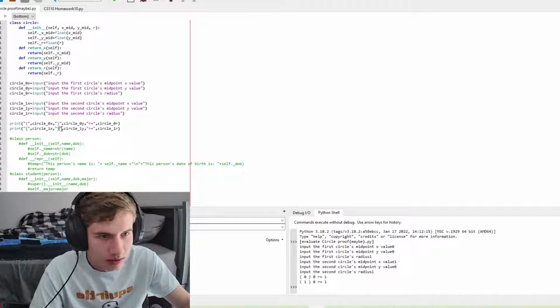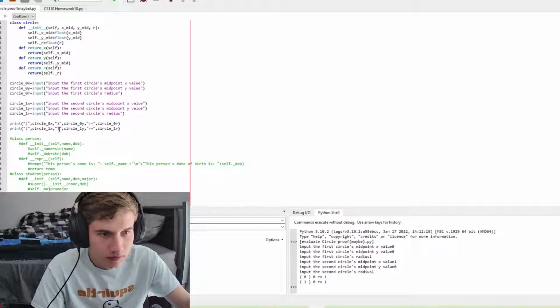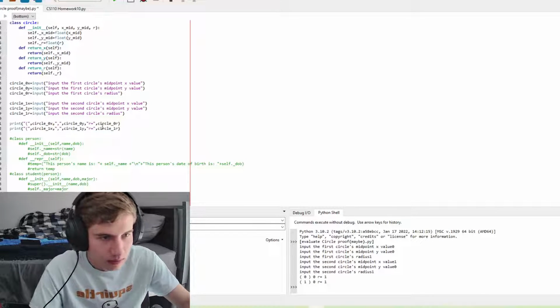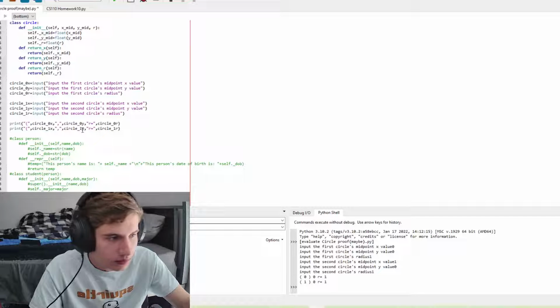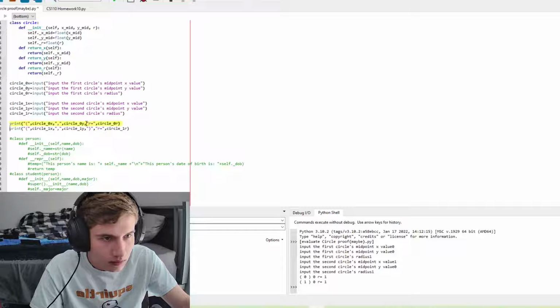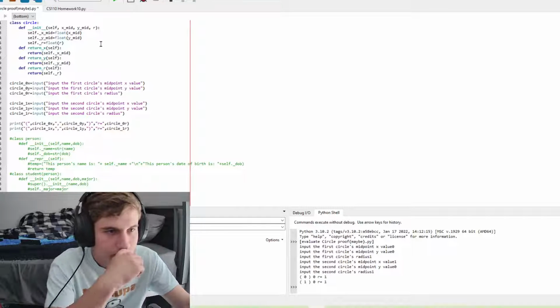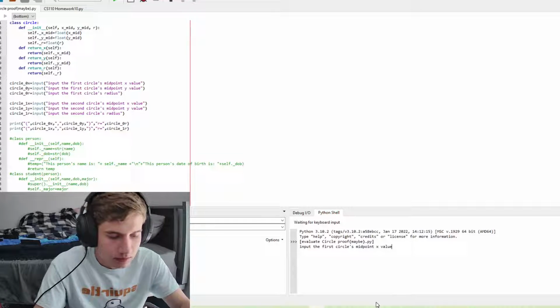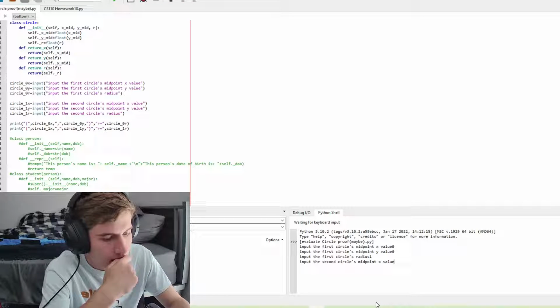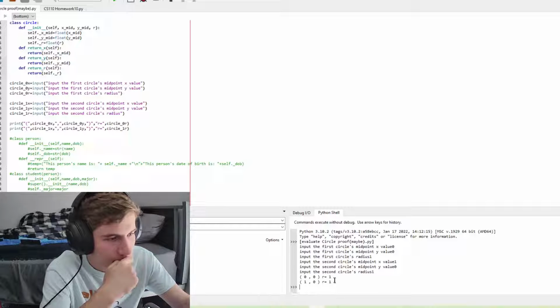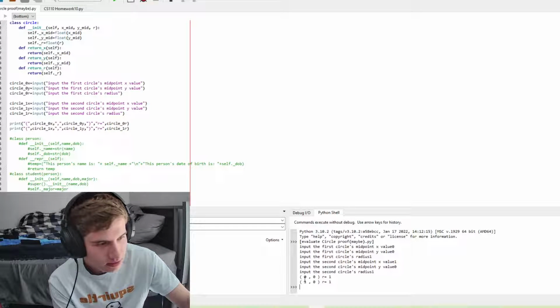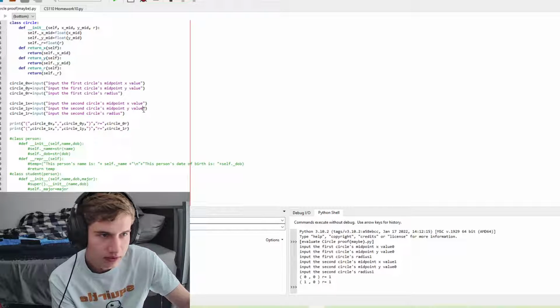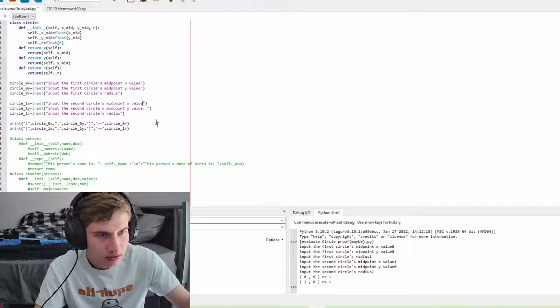I wanted this to be a comma anyways. Okay, so right down here we get the ordered pair and then a radius. Could turn that off, but that's not worth it.